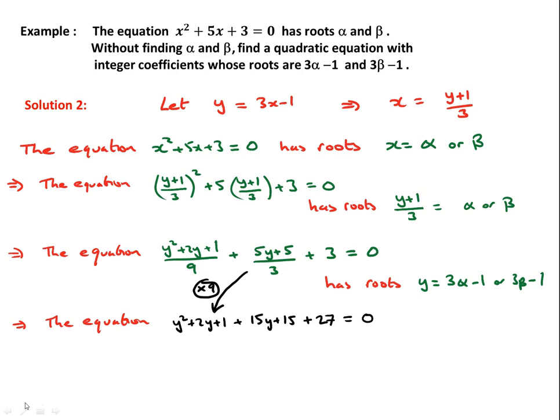Tidy that equation up, we've got y squared plus 17y plus 43 equals 0, which has roots of y equals 3 alpha minus 1 or y equals 3 beta minus 1. So we've got two different approaches to the same question.